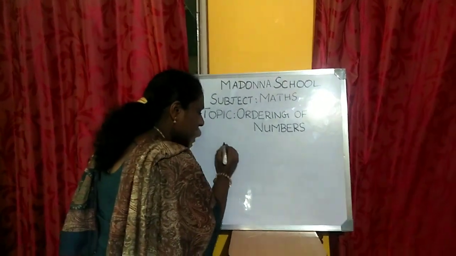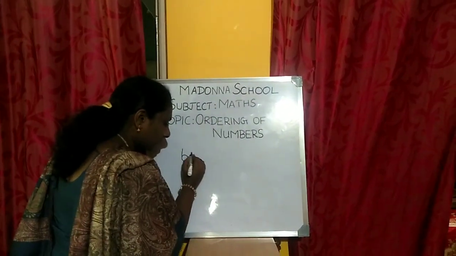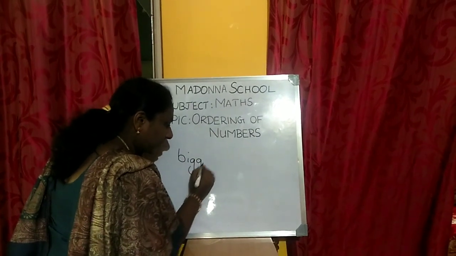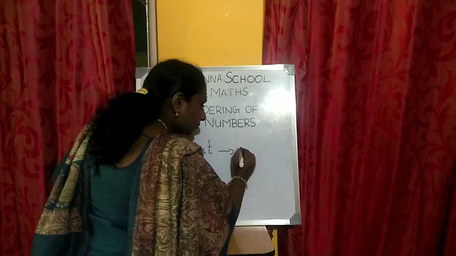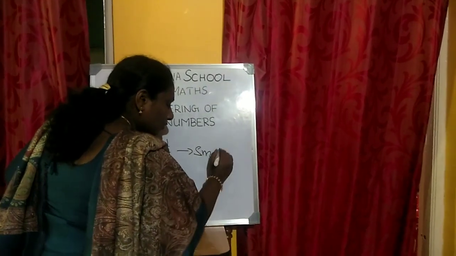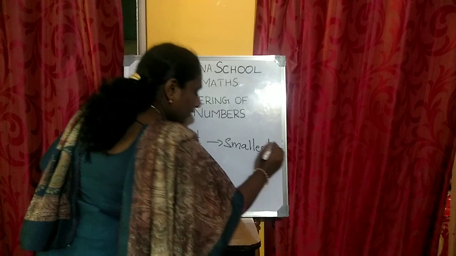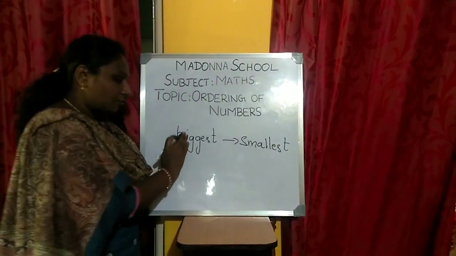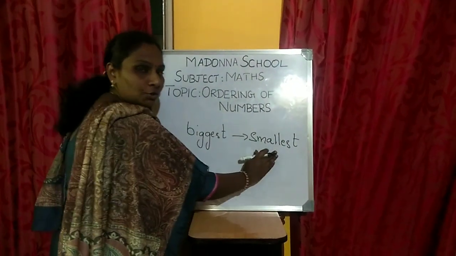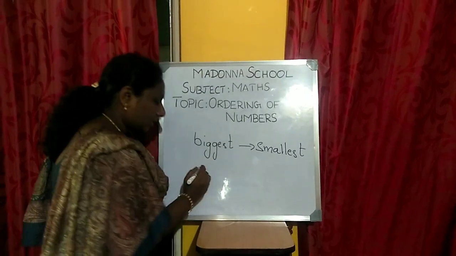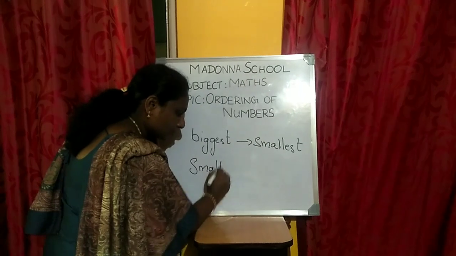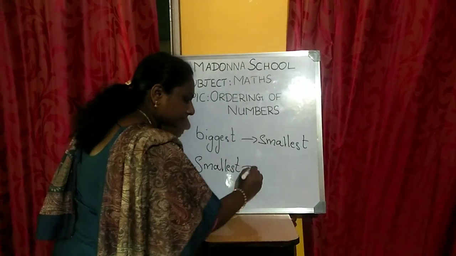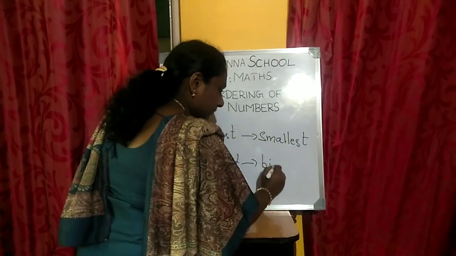The first one is arranging the numbers from the biggest to smallest. The other one is arranging the numbers from smallest to biggest.